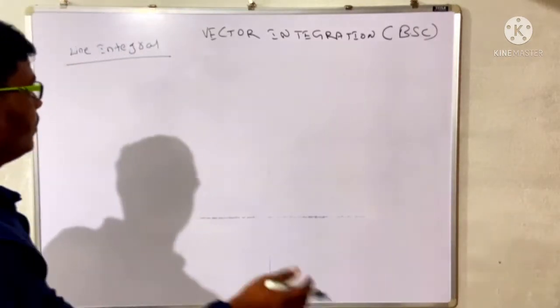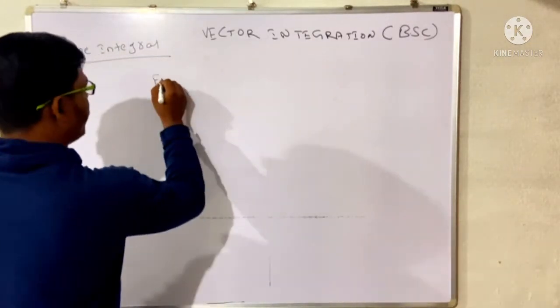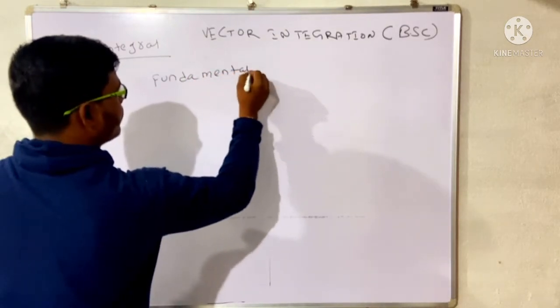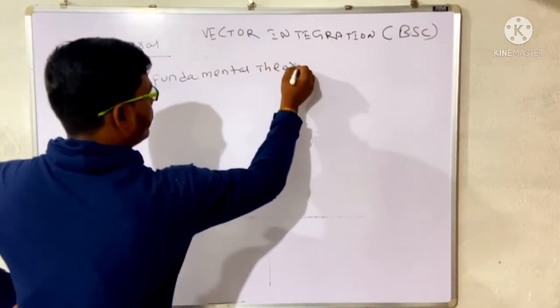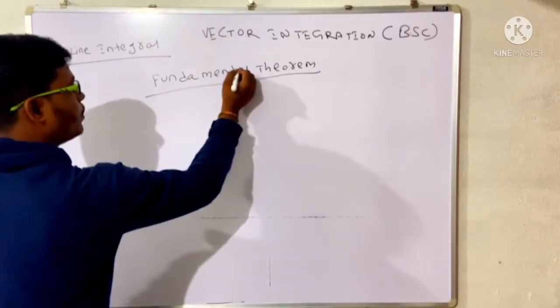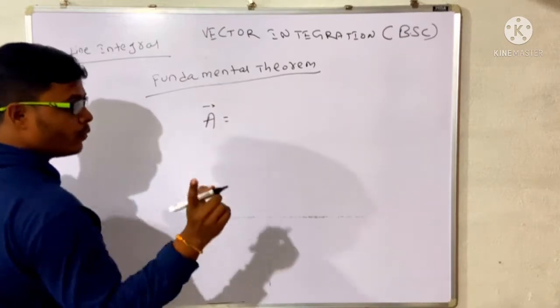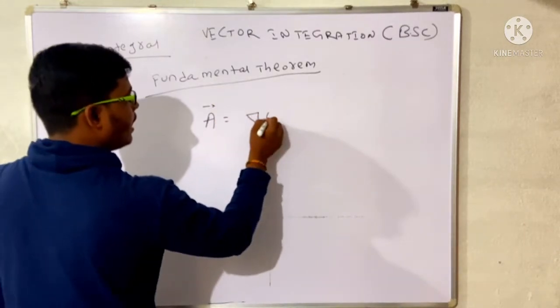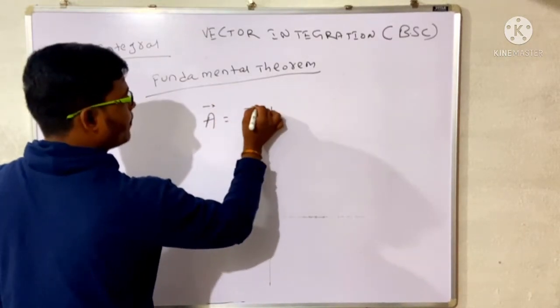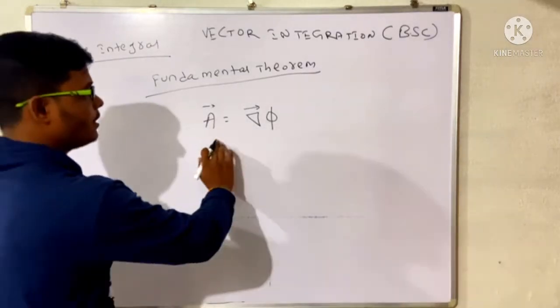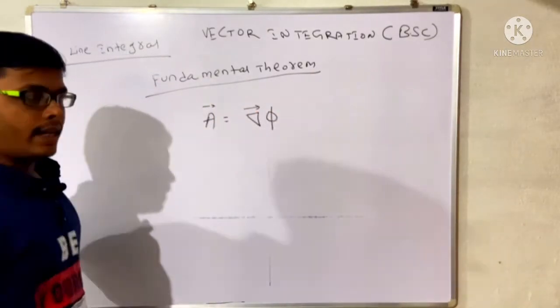Okay, so another way to do the line integral is using the fundamental theorem. Now suppose a vector A is given to you and it is the gradient of another function. Suppose a vector field is the gradient of a scalar field.